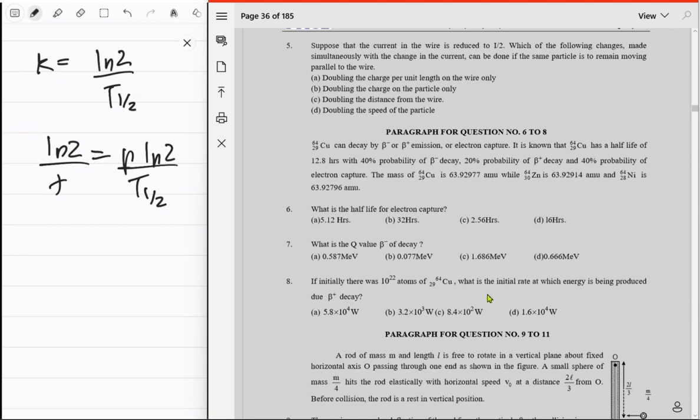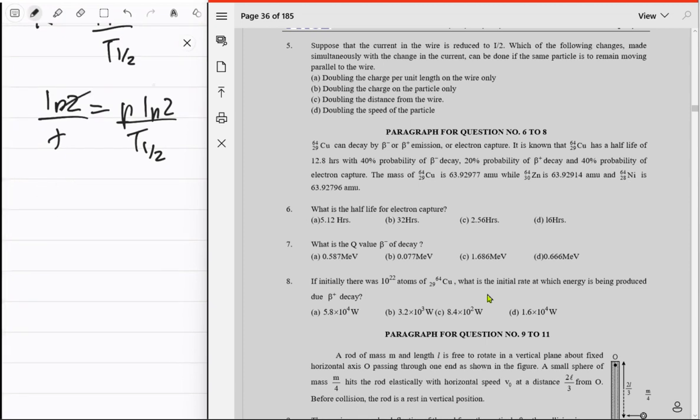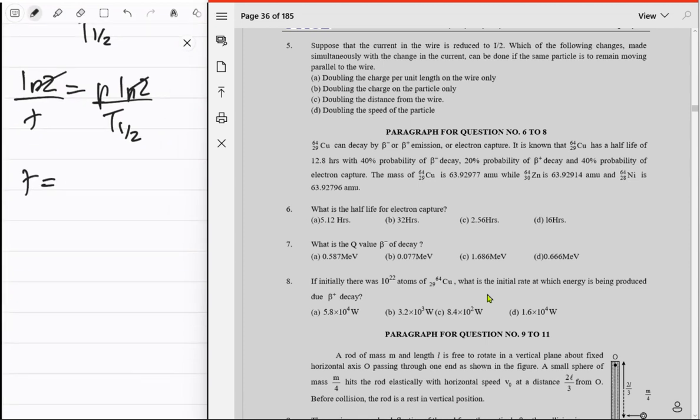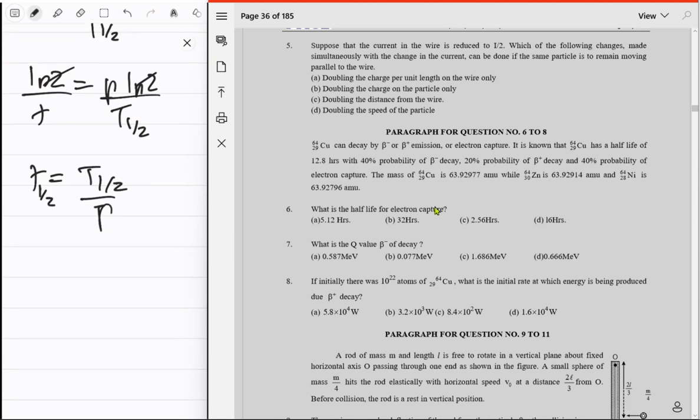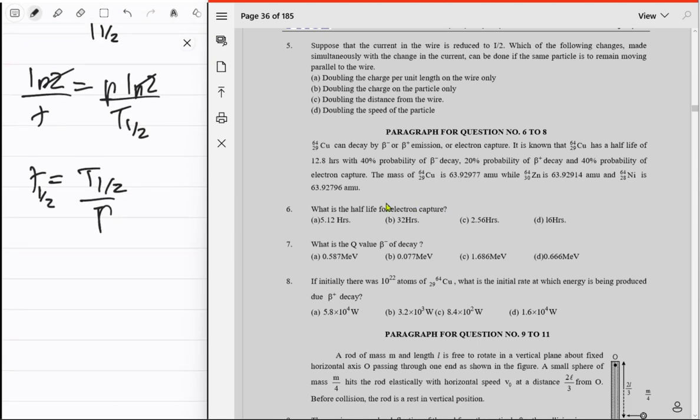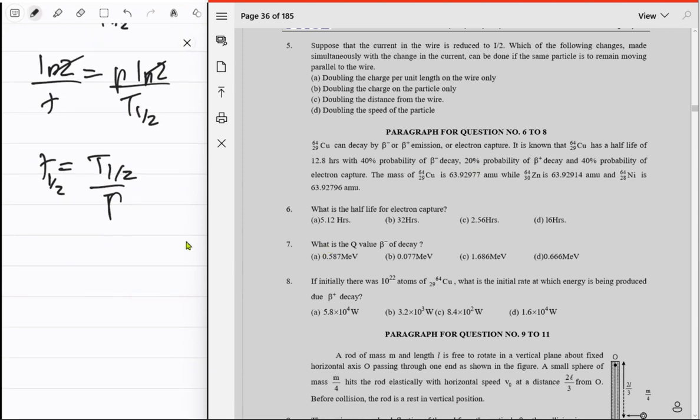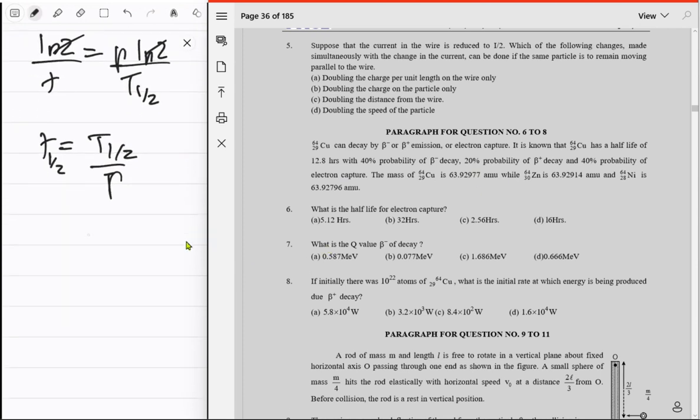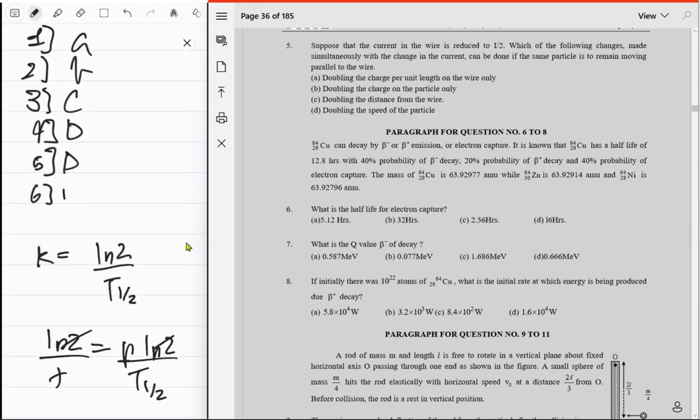Okay, whatever it is, natural log of 2 upon t is equal to this, and t is equal to t half upon the probability, right? So what is the half life of electron capture? For small t half, the probability of electron capture is how much? So 40%, so divide by 40%, right? Yeah, 0.4 divided. The half life is just 12.8 hours, right? 12.8 hours upon 0.4 is like 128 upon 4, which happens to be 32 hours. So B is correct.